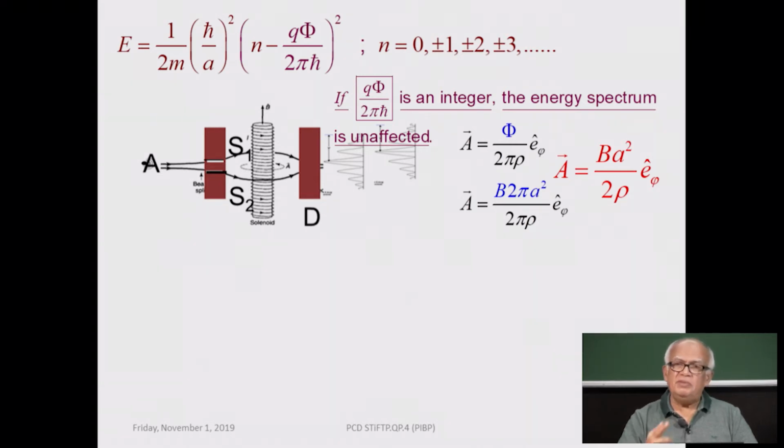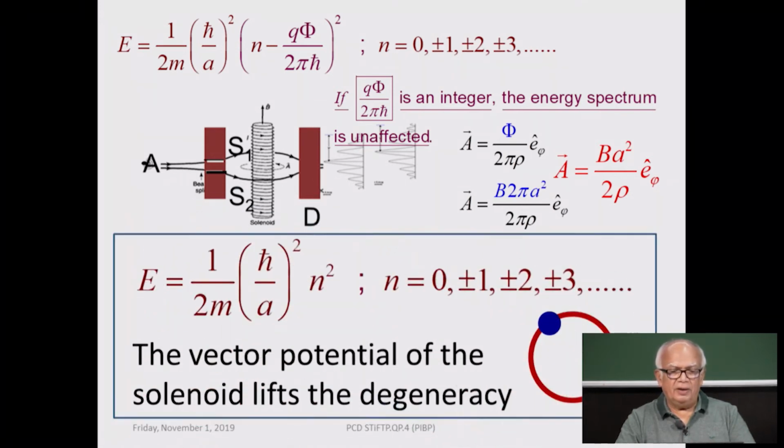So, you have the same spectrum with the flux as you had without the flux, not for any arbitrary value of the flux, but for such values of the flux for which q phi over 2 pi h cross is an integer. Okay? And that is the case of interest as it will turn out.